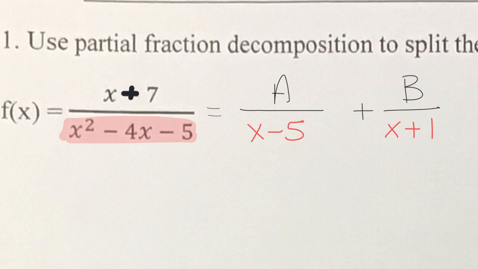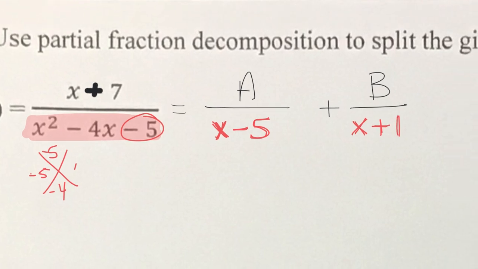It's not going to change your answers. Okay? Because x minus 5 times x plus 1 is what gives you this quadratic, right? Those are numbers that multiply to give you minus 5 and add to give minus 4, or minus 5 and positive 1. So that's why our factors are x minus 5 under this denominator and x plus 1 under b.